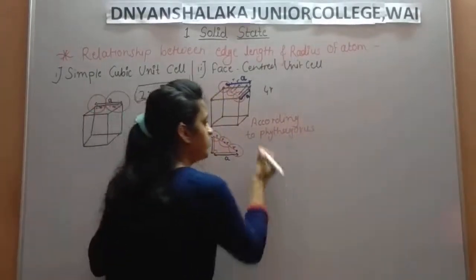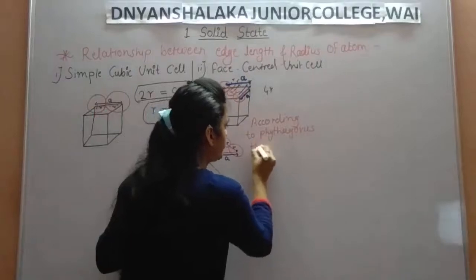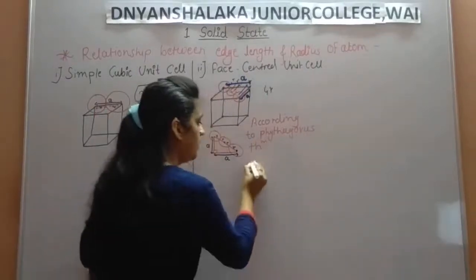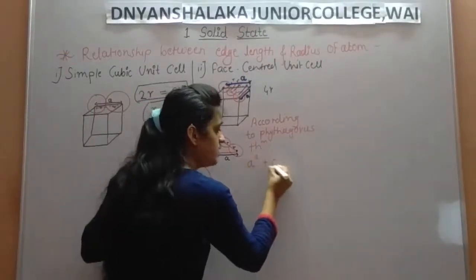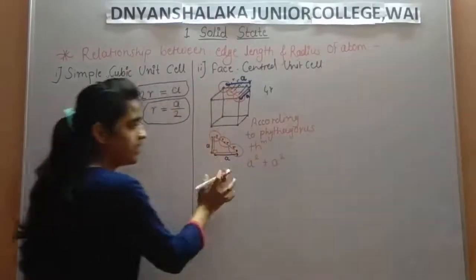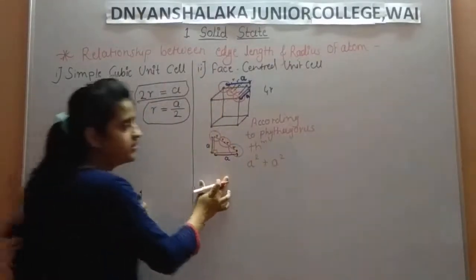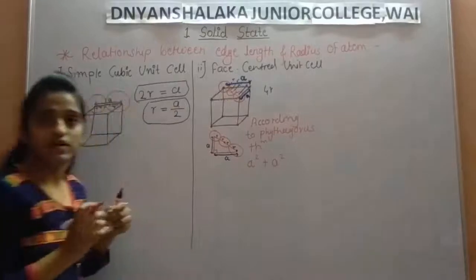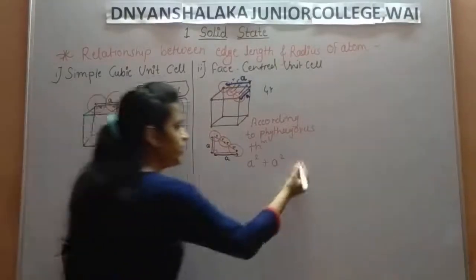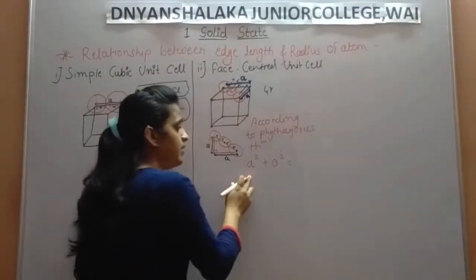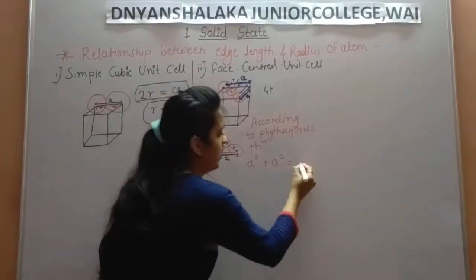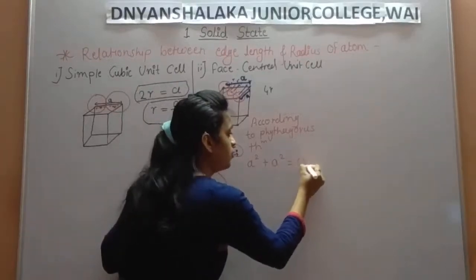According to the Pythagoras theorem, we write the equation like this: hypotenuse square is equal to base square plus height square. The hypotenuse is 4r.